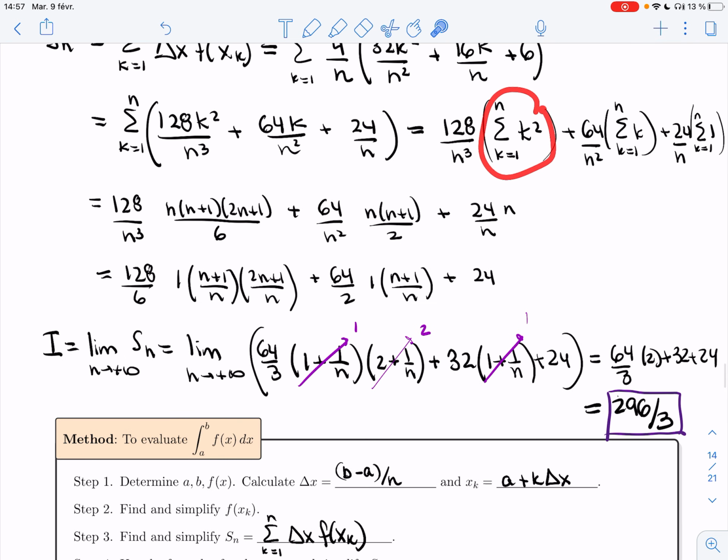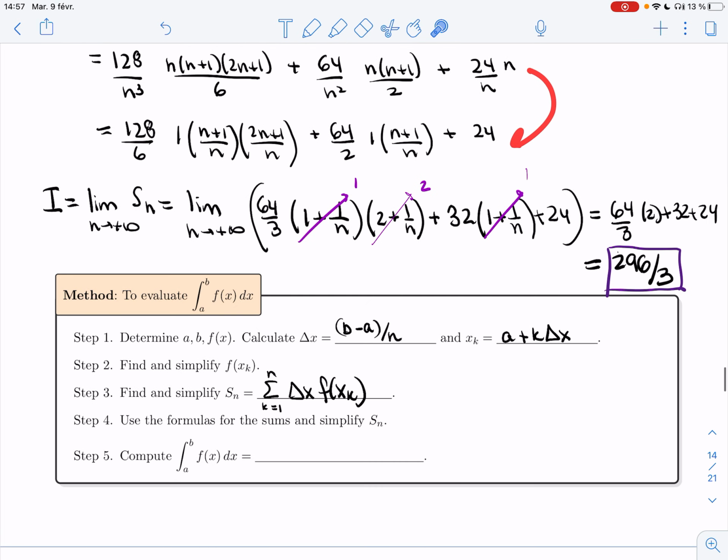So you replace the sum of k squared by n times n plus 1 times 2n plus 1 over 6, you replace the sum of k by this, you replace the sum of 1 by this, and then you simplify a bit. You simplify until you get something whose limit is clear, and then you compute the limit.